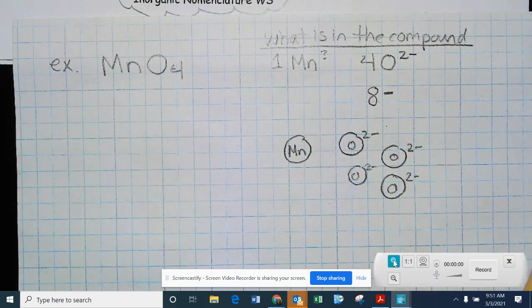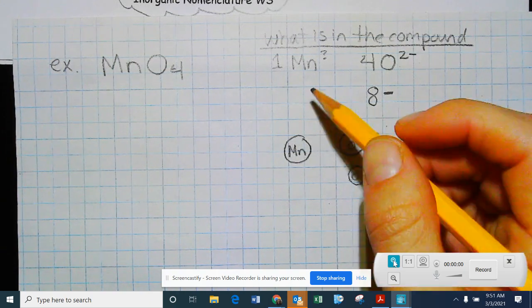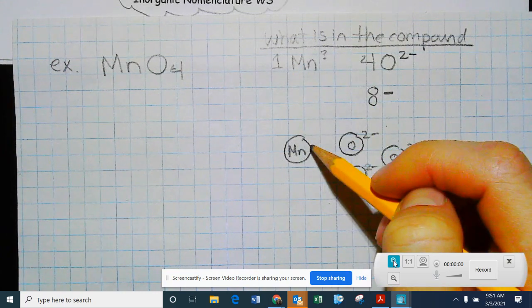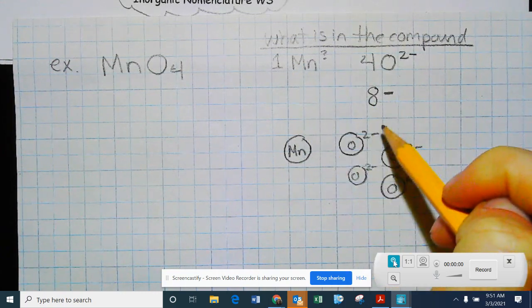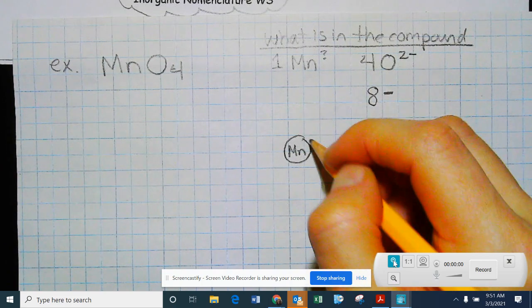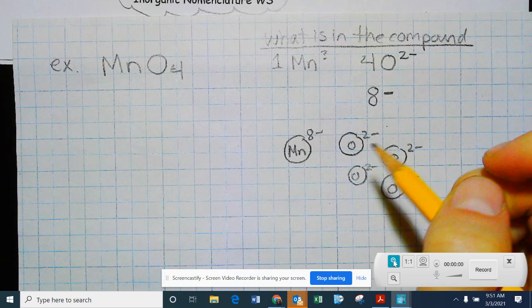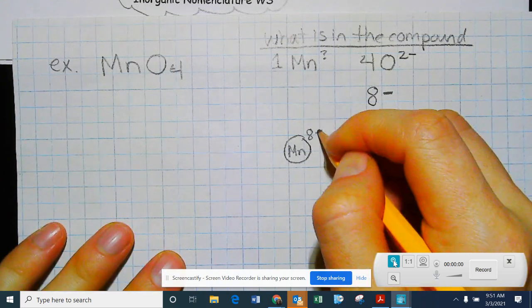In order to balance that out, whoa, I made this a really intense compound. I didn't mean to do this. I don't think this exists, but we're going to go with it. What does my manganese have to have a charge of if I've got 1 of these and I need to balance that out? This has to be 8 plus, my bad.